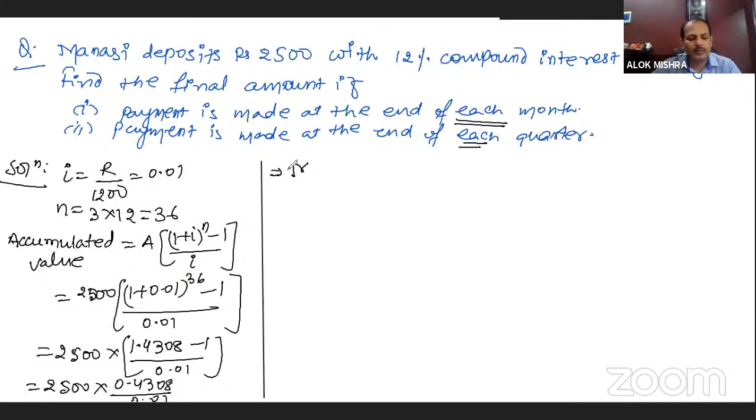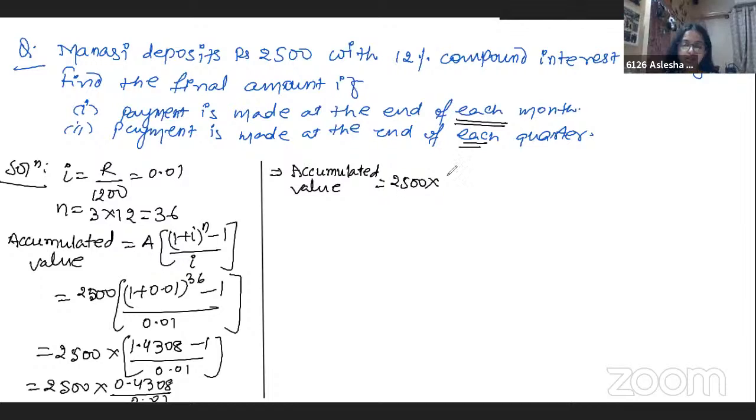This implies that accumulated value is equal to how much? 2500 into, what is 0.4308 upon 0.01? 43.08. Okay, so final answer?